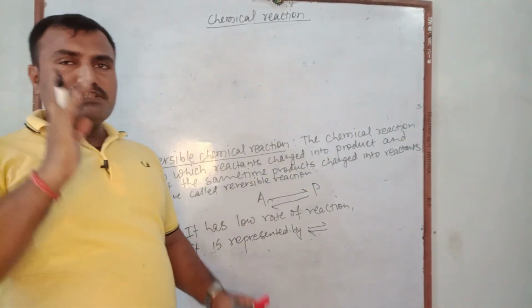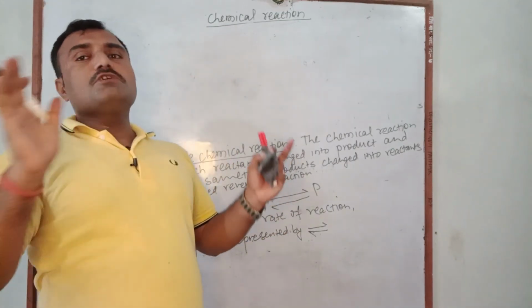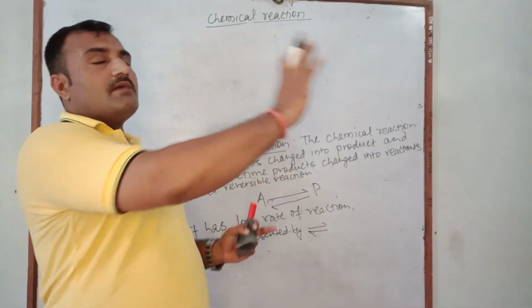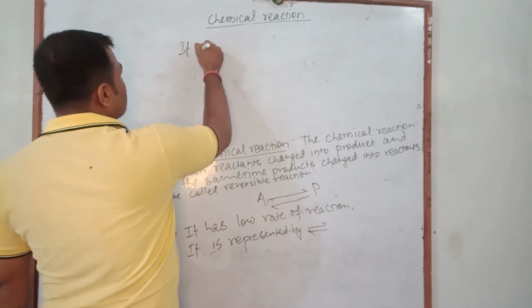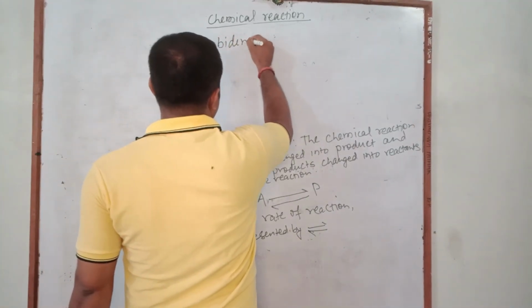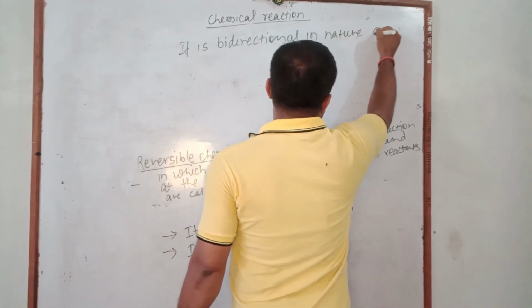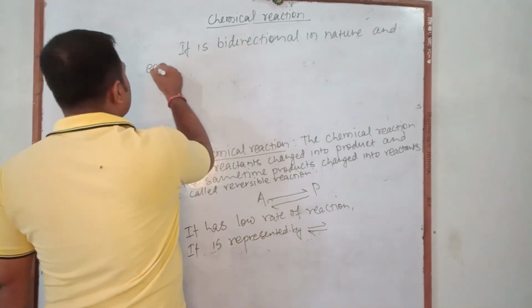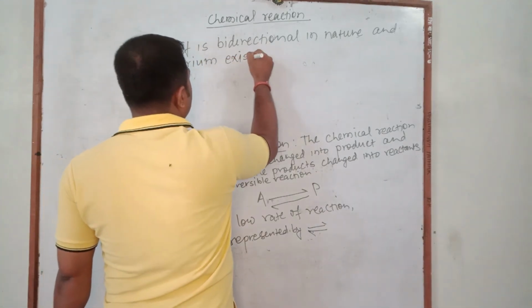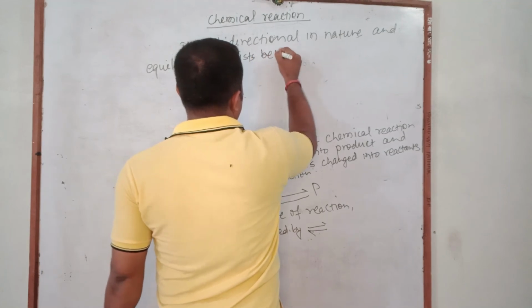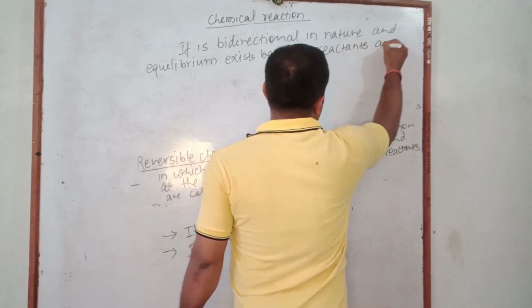It means that when reactant changes into product, at a certain time there exists equilibrium between reactants and products. After that, the product gets reversed into reactant.